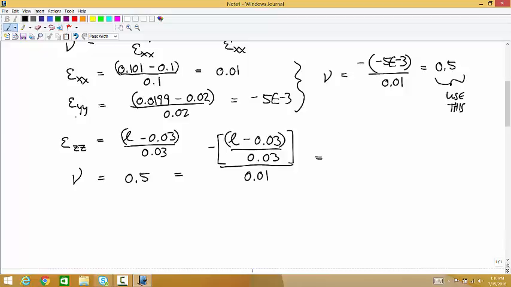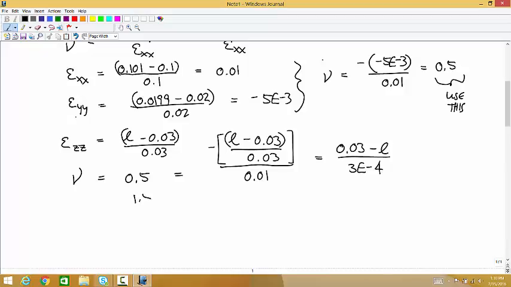And so you could rewrite that as 0.03 minus L is equal to 3 times 10 to the minus 4 over 3 times 10 to the minus 4.